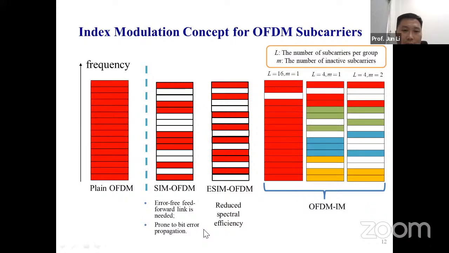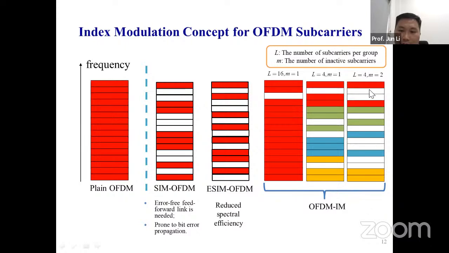But for the OFDM IM systems, only the partial subcarriers will be used. For example, if we see this one, only 15 subcarriers will be active, right? The M means N is equal to 1. The N means the number of inactive subcarriers. Only one subcarrier is not used.